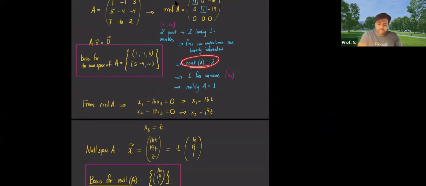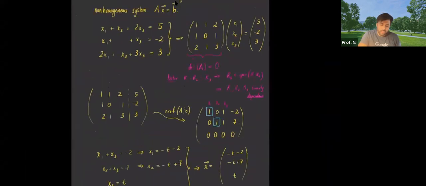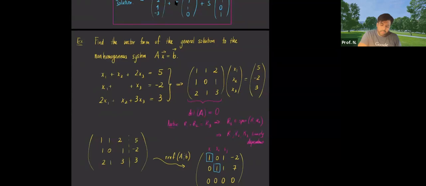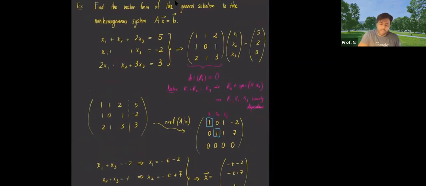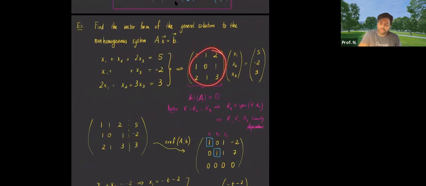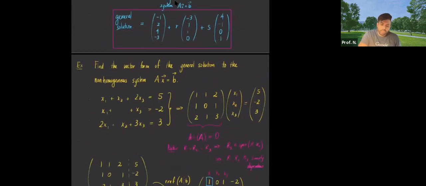The rank of A is 2, the nullity of A is 1. 2 plus 1 is 3. What's so significant about that? Let's see another scenario here. We have two linearly independent rows given by the leading ones, so the rank of A here would also be 2. The nullity was 1. 2 plus 1 is 3.